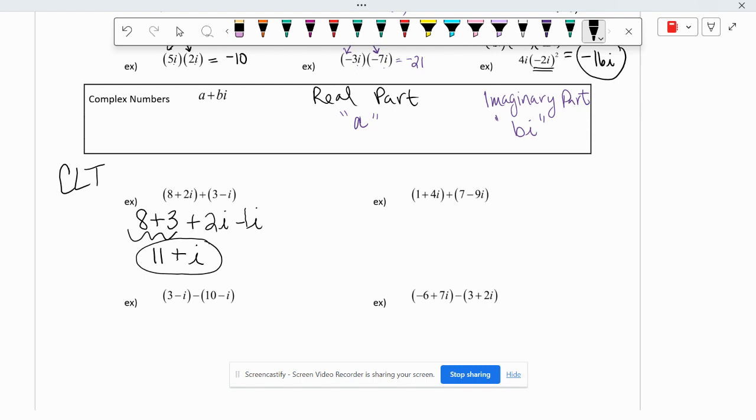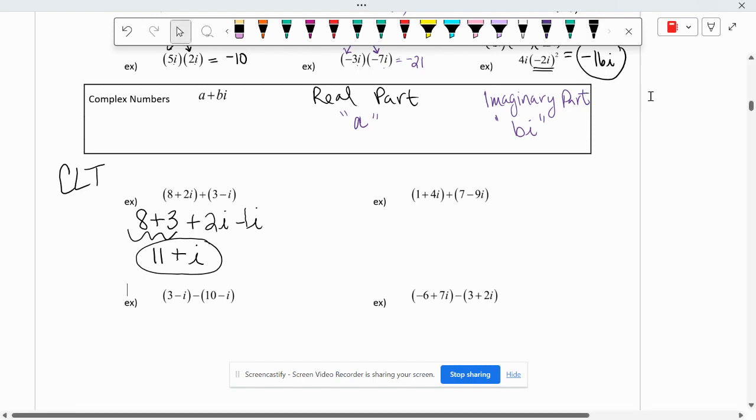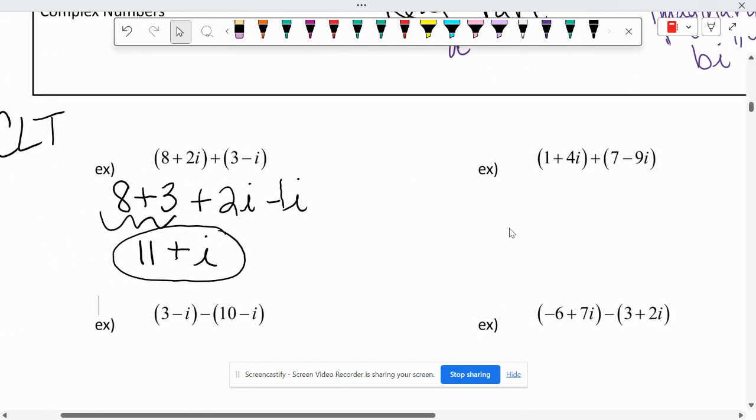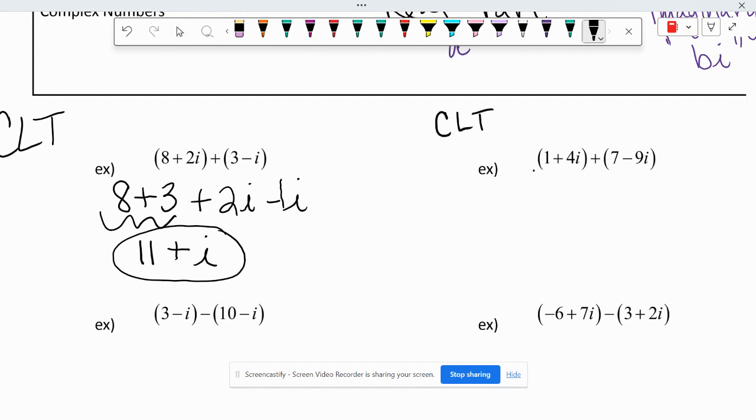So that's a complex number because you have a real part and an imaginary part. These first two examples are just combining like terms. So again, I'm going to take the 1 and add it to the 7. What is 1 plus 7? 8. I'm going to take the positive 4i and the negative 9i.